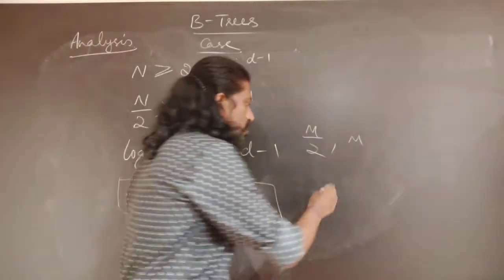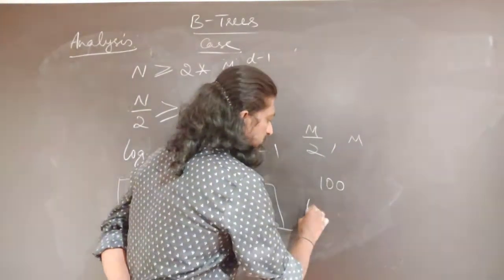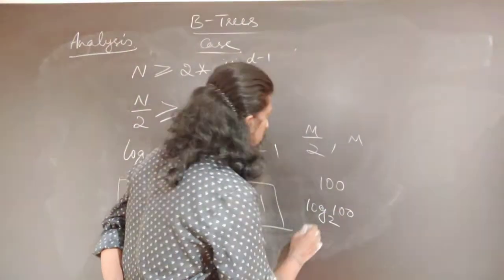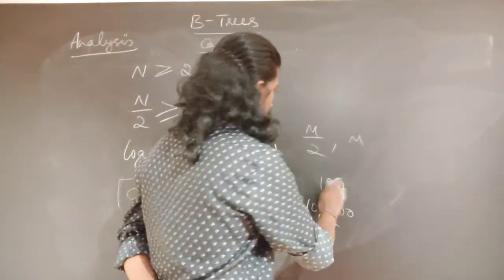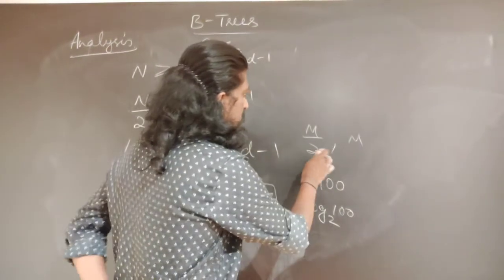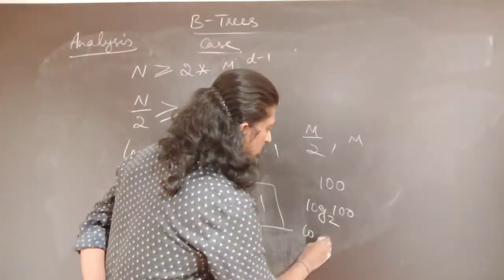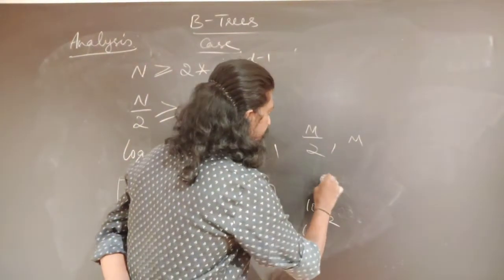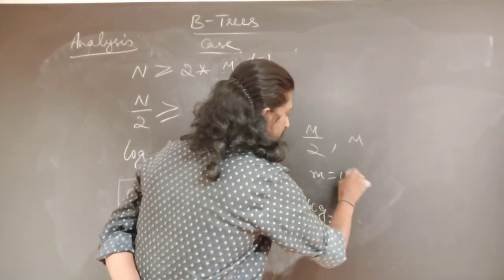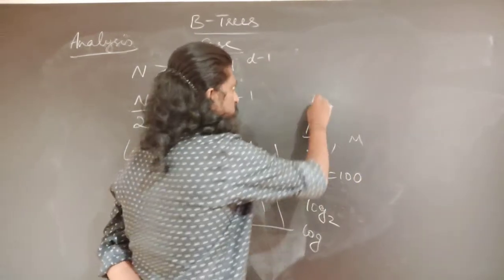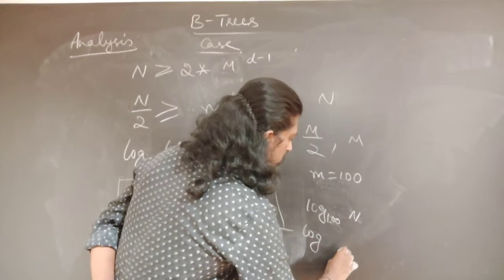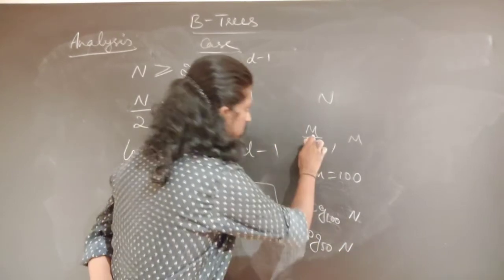If we take the order m as 100 and the number of keys be whatever it is, it is log n to base 100 in the best case, and log n to base 50 when we take m by 2.